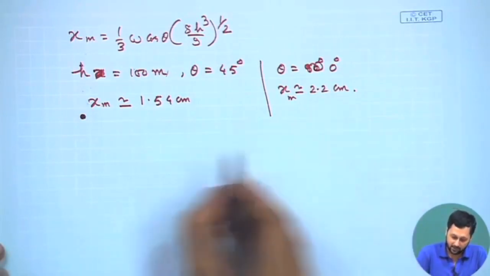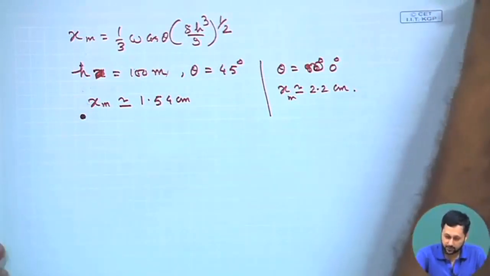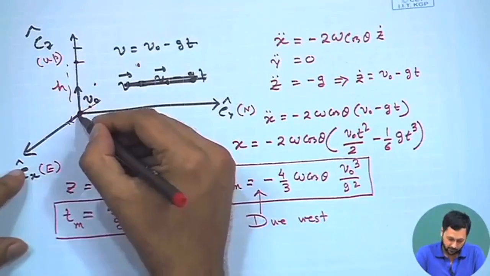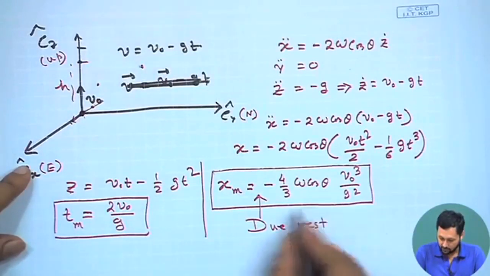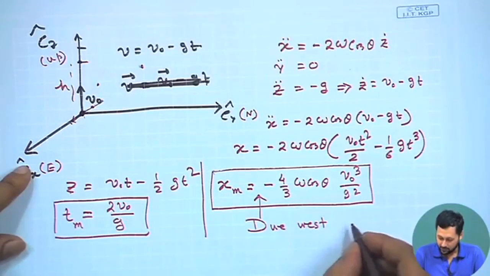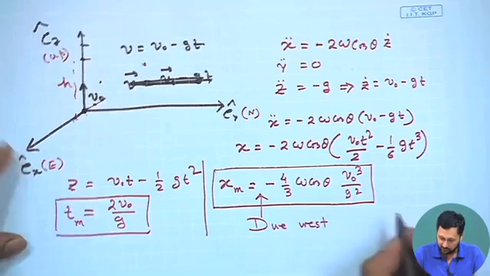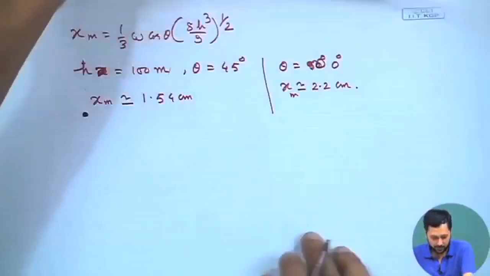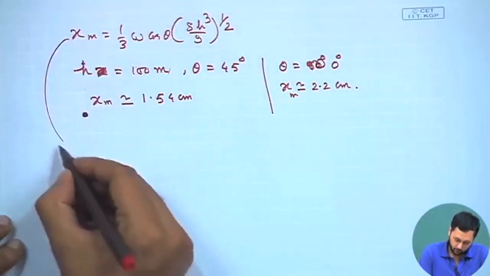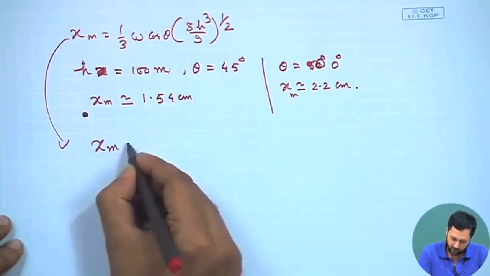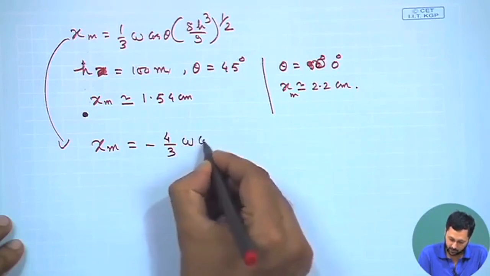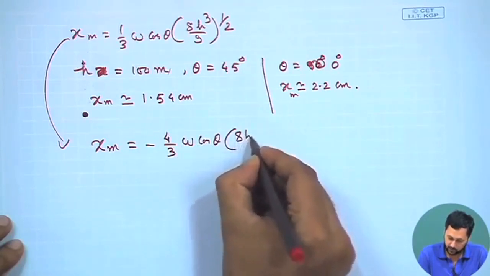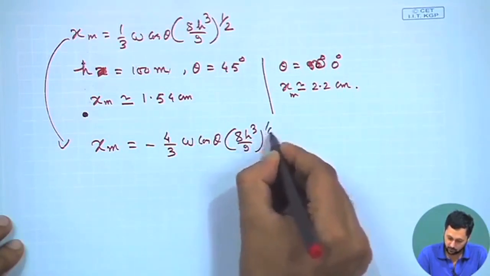Now, as I said, when we throw the object from this point and it comes back, it is not only due west, but it will be exactly the same expression multiplied by 4. So, in this particular case x m will be minus 4 by 3 omega cos theta times (8 h cubed by g) to the power half.